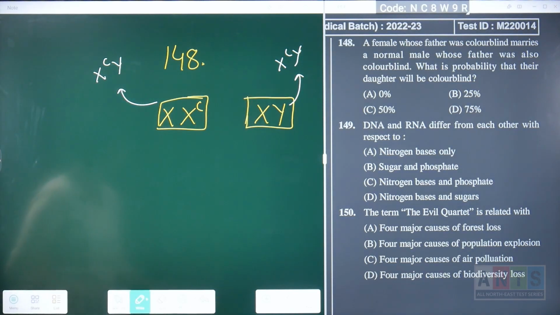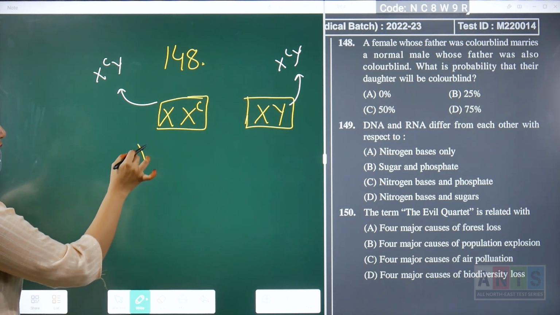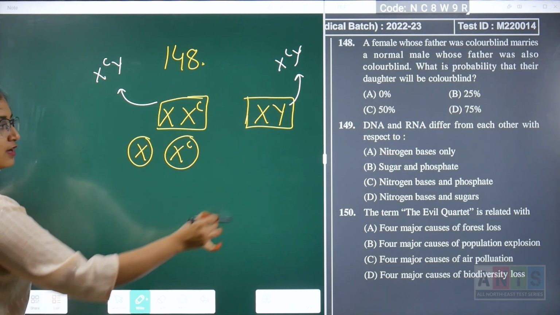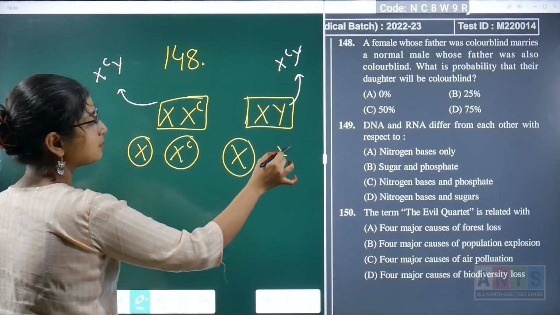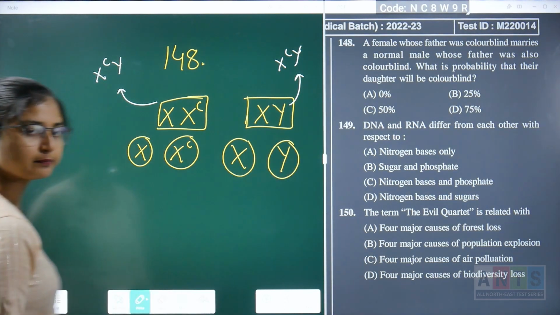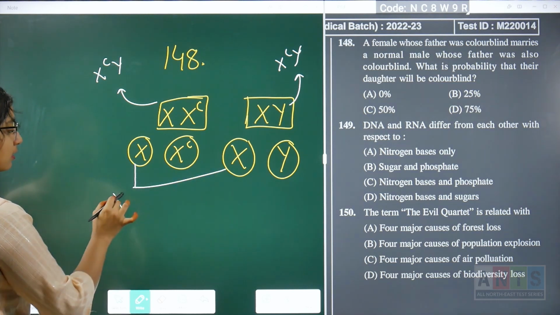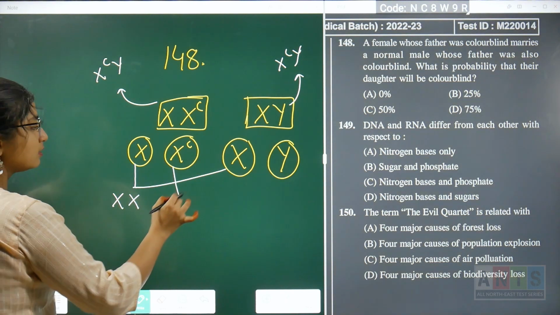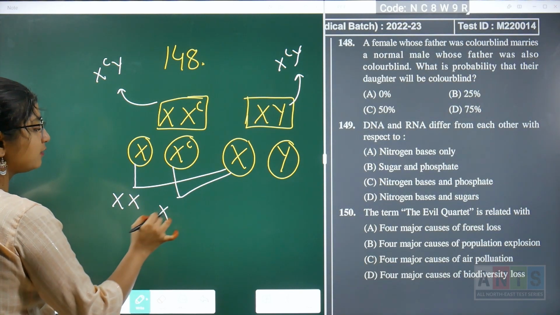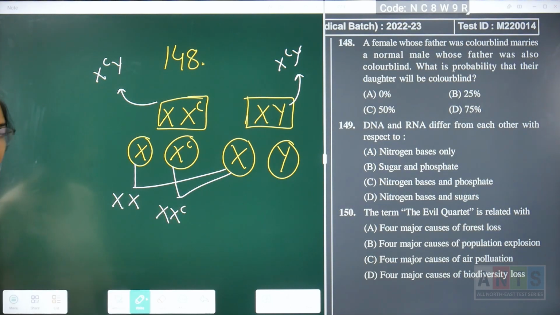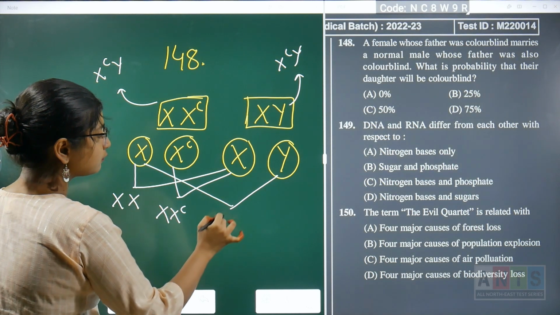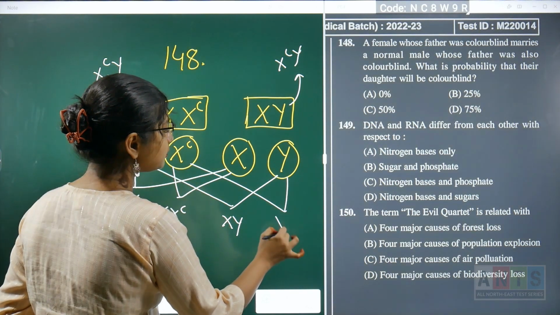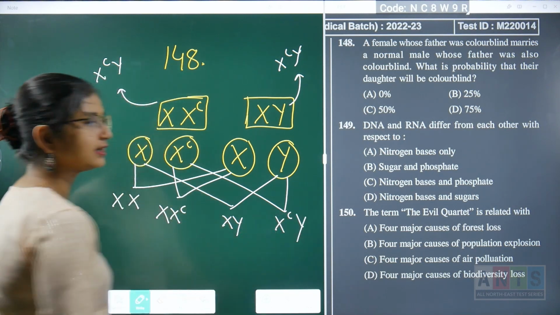So now we're going to look at the gametes. Female gametes: half of them carrying the normal X chromosome, the other half carrying the mutated one. Male gametes: both halves are normal. Now when you combine them, we get unaffected females with no mutation, unaffected females who are carriers, completely unaffected males and some affected males.